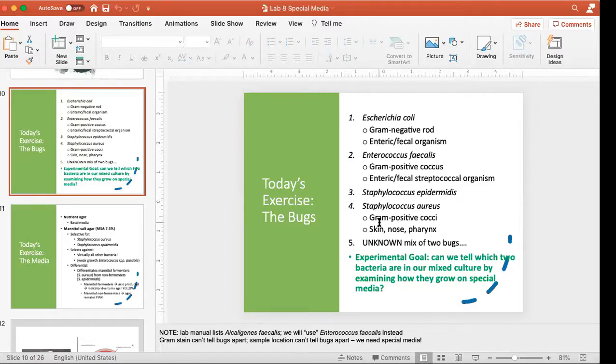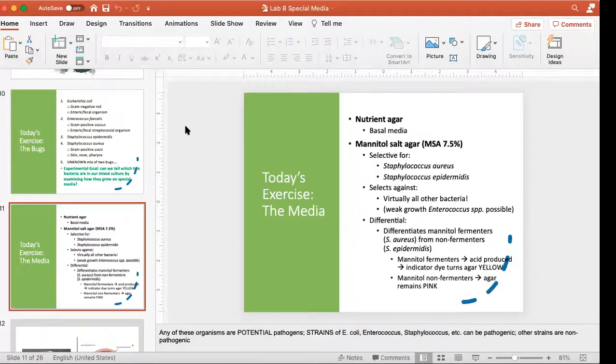But what I've done is I've taken 2 of them and mixed them together in what we'll call an unknown mix. The goal of our experiment today is for you to try to determine which 2 of these organisms I combined together. And we're going to use special media to help us figure that out. For the exercise, we're using nutrient agar for the first part of the experiment.